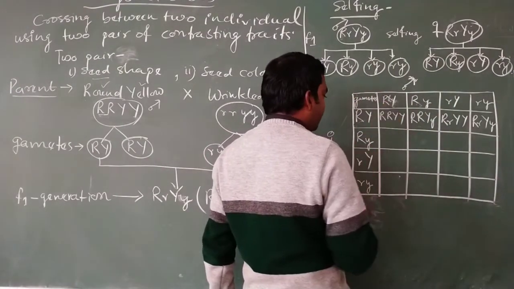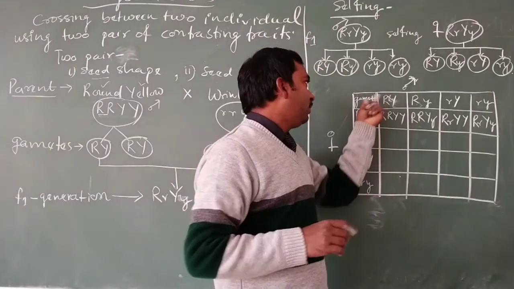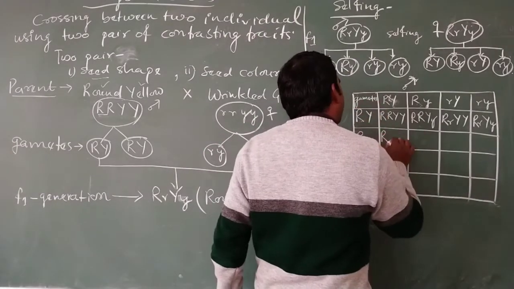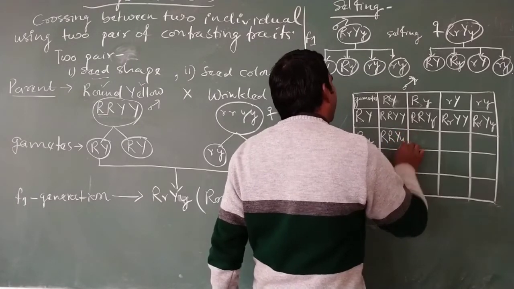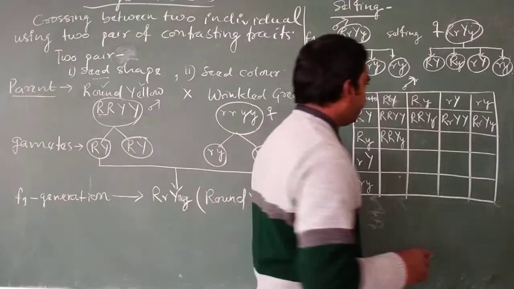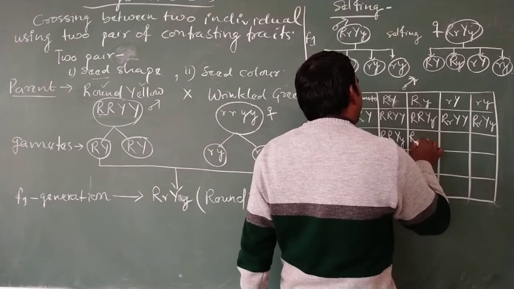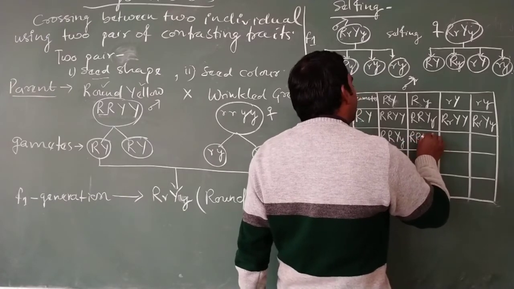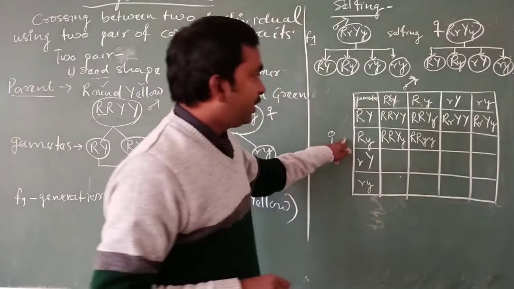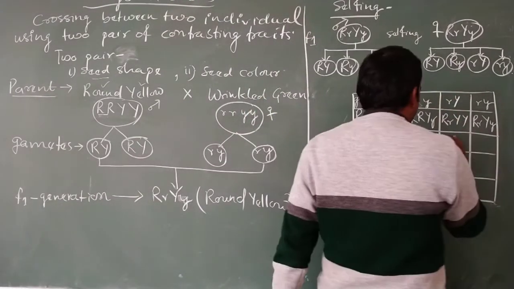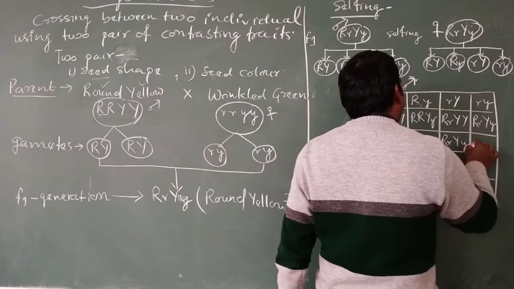Then if we use the second female gamete with the first male gamete, then capital R and capital Y, small y. Now for the second male and the second female, there will be capital R, small y. Then the second and the third product, capital R, small r, capital Y, small y.